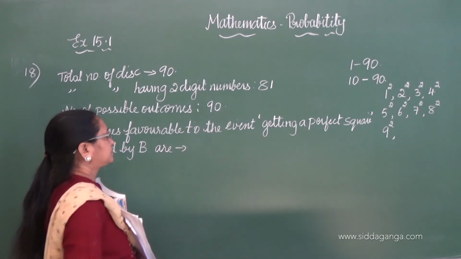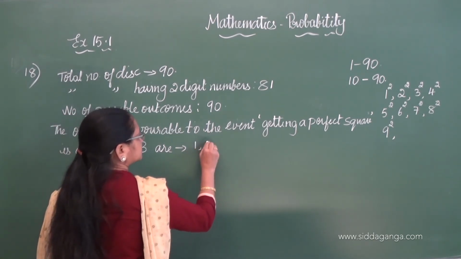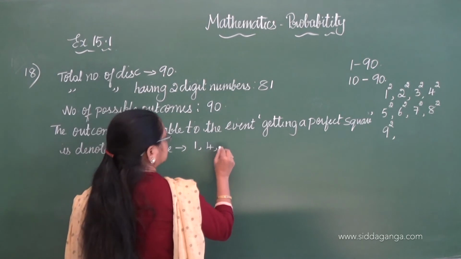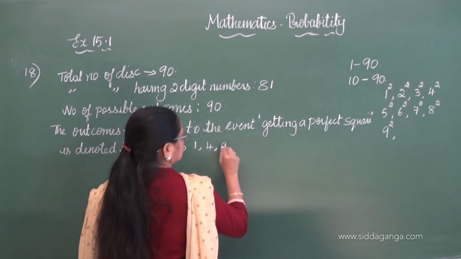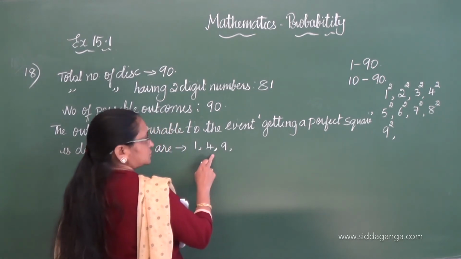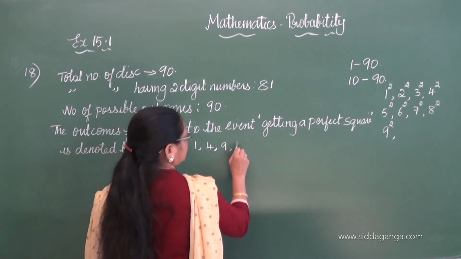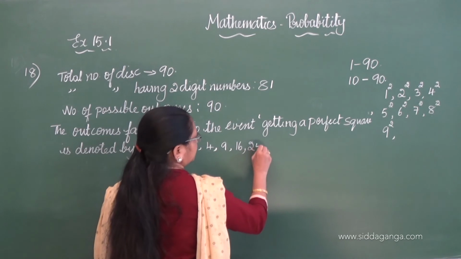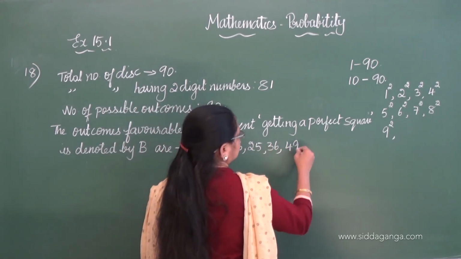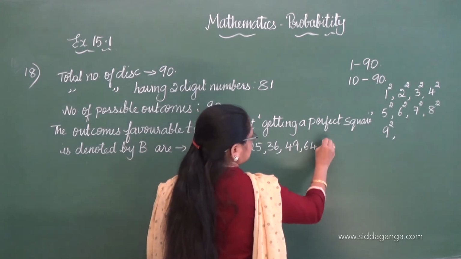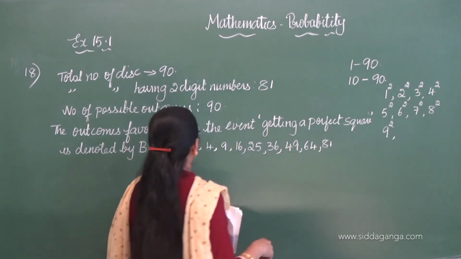or you can write 1, 4, 9. 1 square, 2 square, 3 square, 4 square, 5 square, 6 square, 7 square, 8 square, 9 square. Okay.